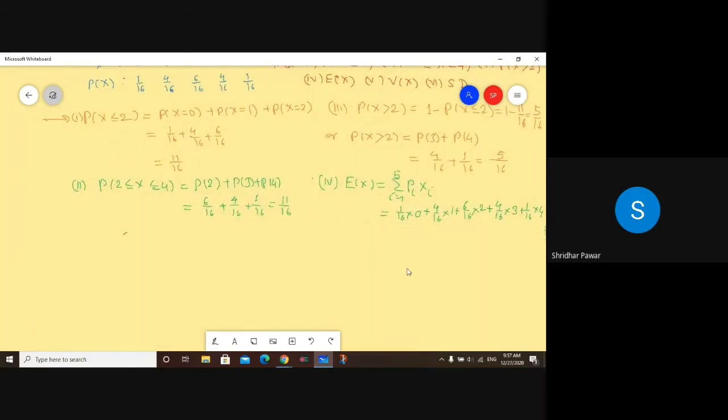So this equals, so see, just take 1 by 16 common here. So 1 by 16 into bracket 0, here it's 4 plus 6 plus 4 into 3, that is 12, plus 1.